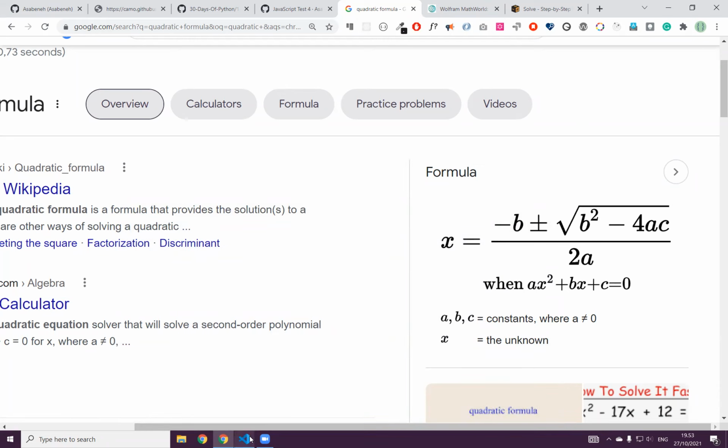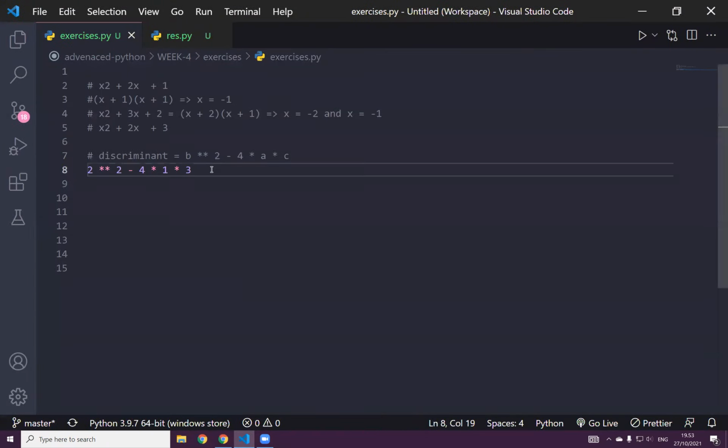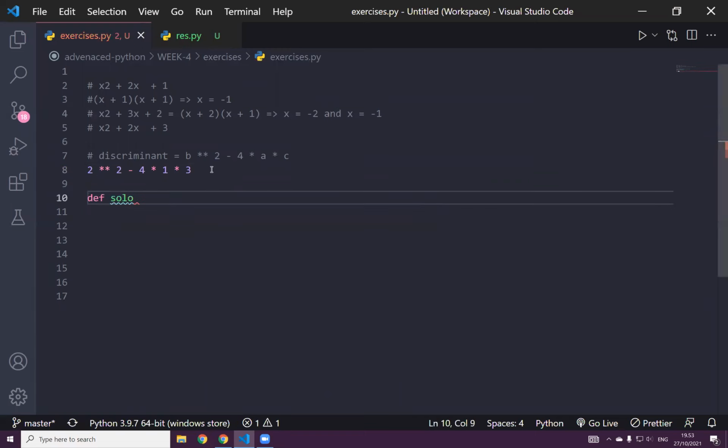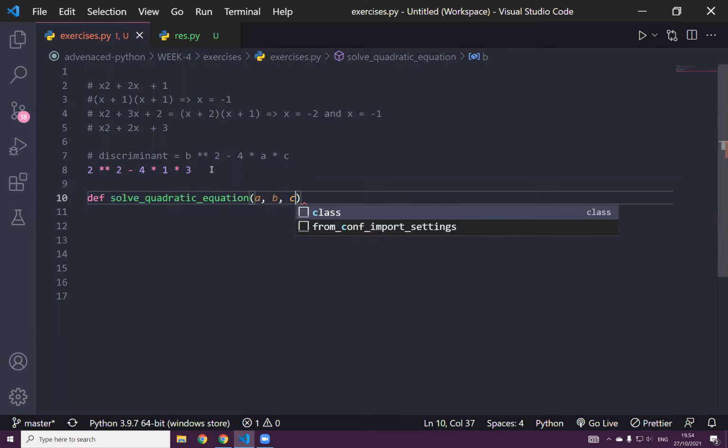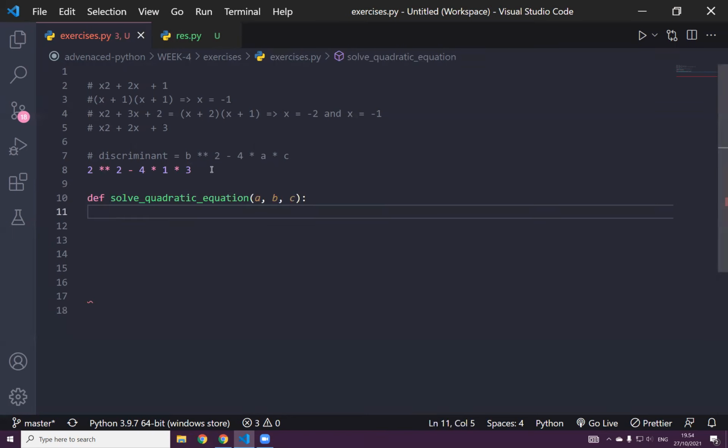So we can say def solve quadratic equation, with A, B, C, and then I can just say the discriminant. I can put this one, or I just have it already.